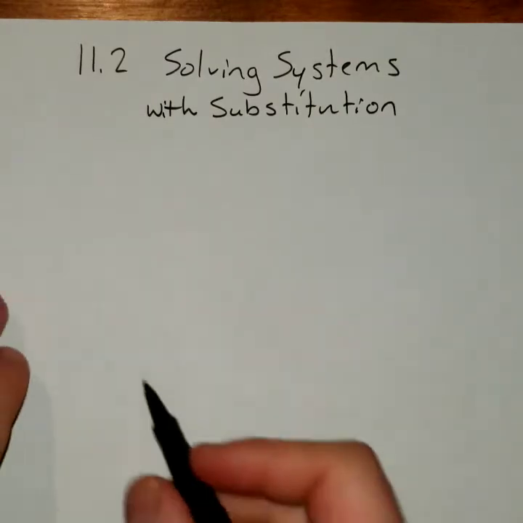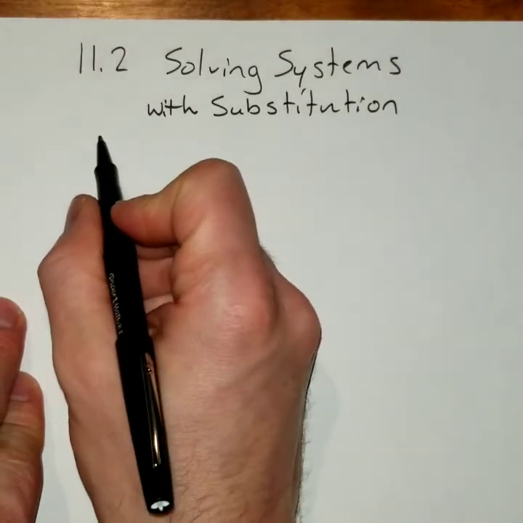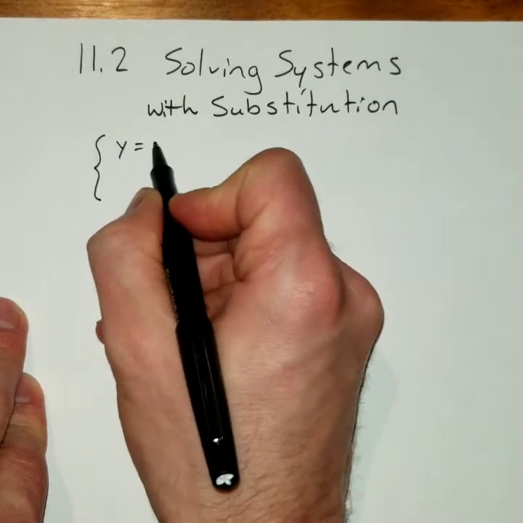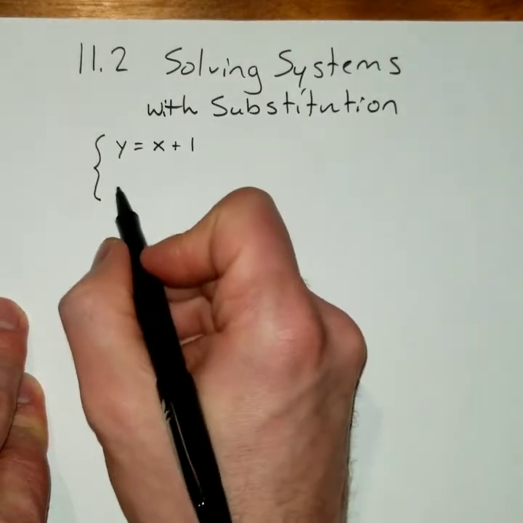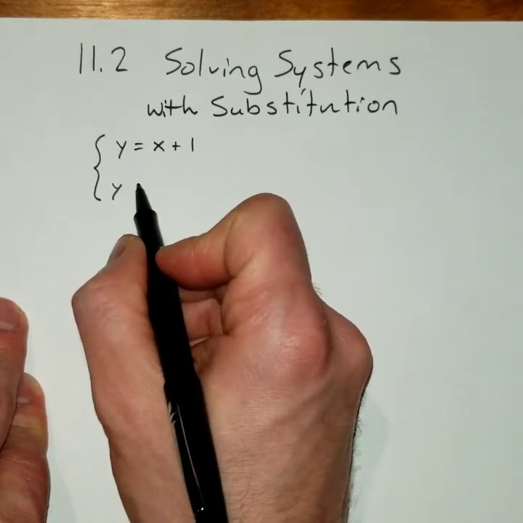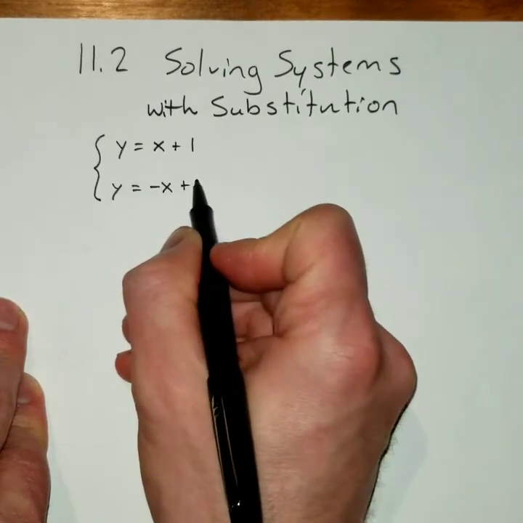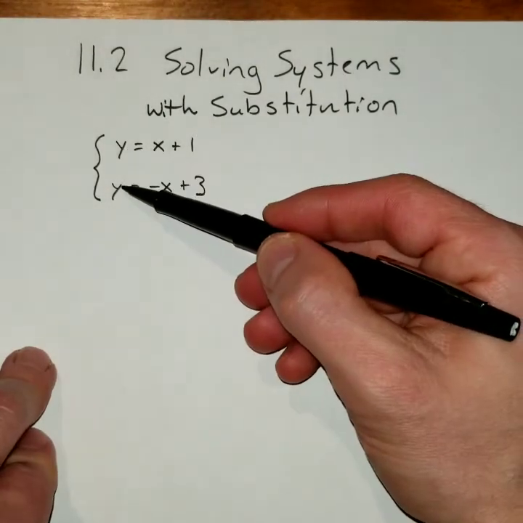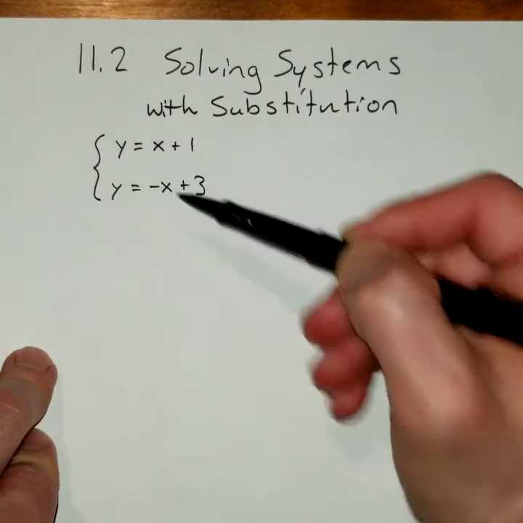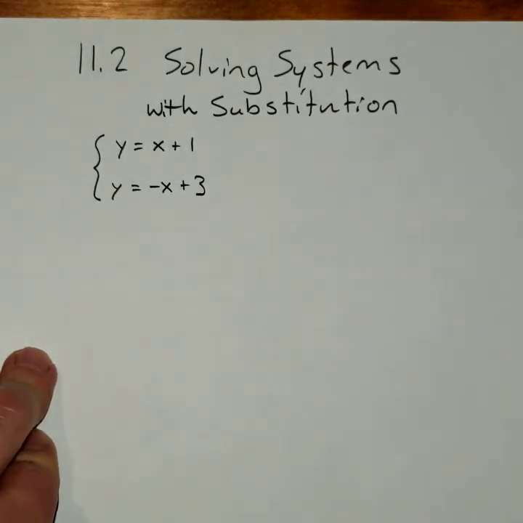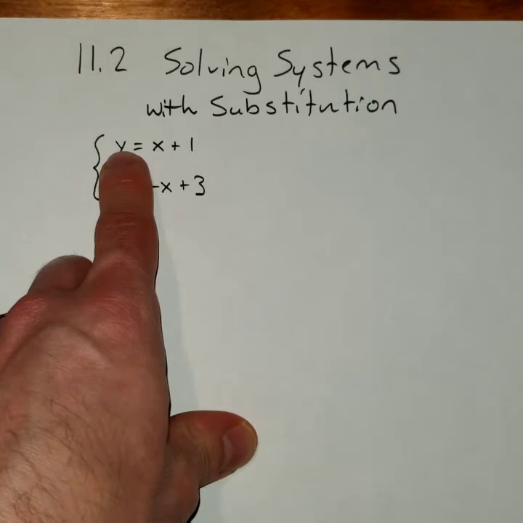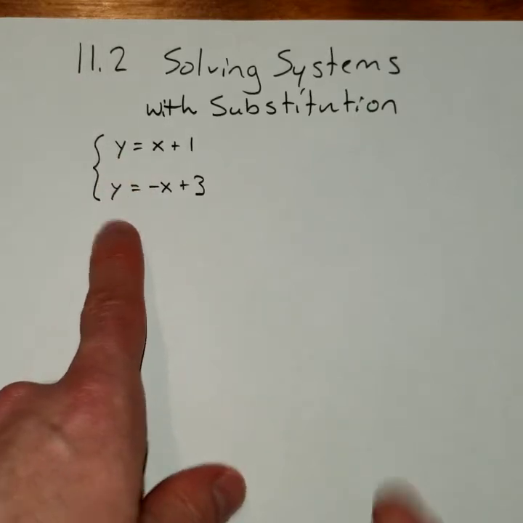So let me show you an example of how that works. I'll even look at the same system of equations that we looked at in the last video. We have y equals x plus 1 and y equals negative x plus 3. Because the y values are the same at that intersection point and the x values are the same, we can do a substitution. Anything that is equal to y can be substituted for y in the other equation.